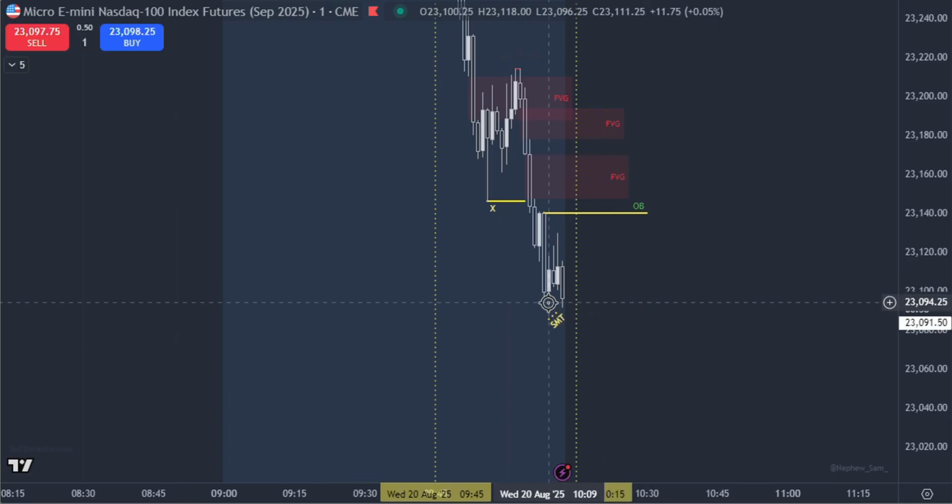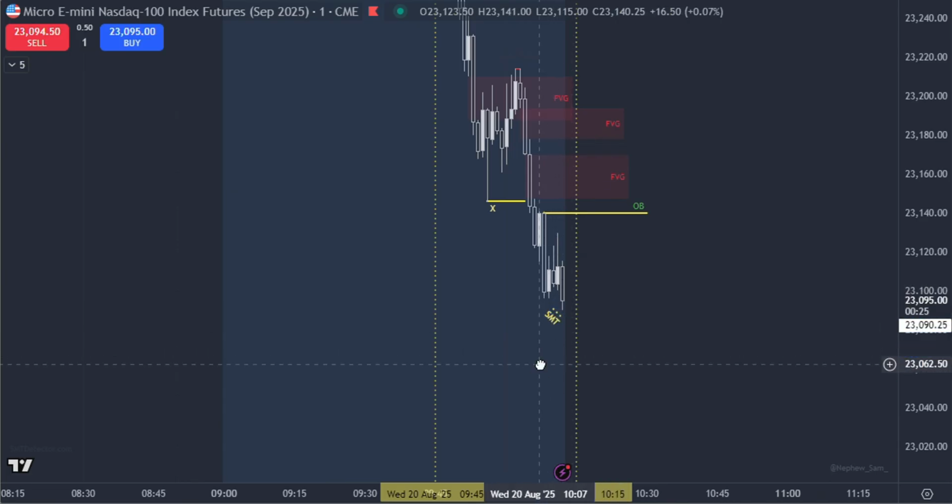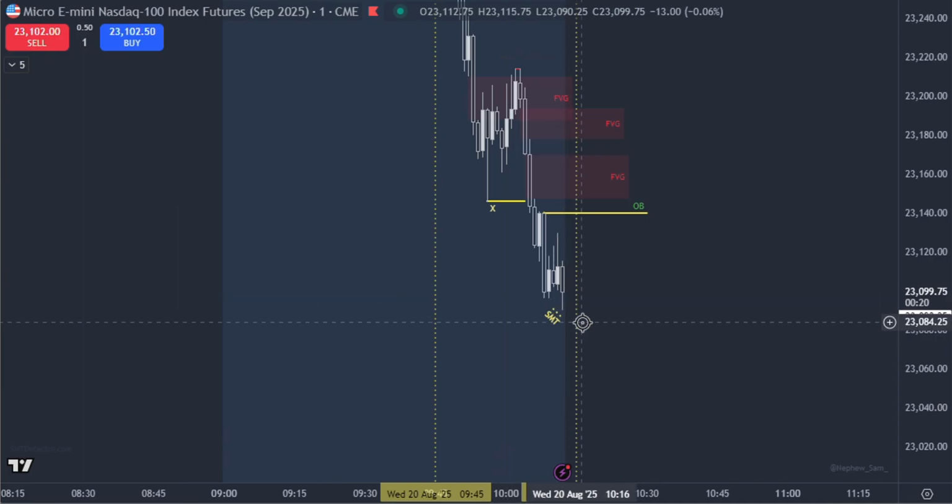And there's still SMT because now NQ came and swept it. So NQ swept that now, right here. NQ swept it, but the YM did not. The YM is actually pretty bullish now.